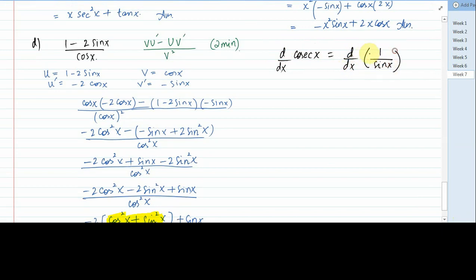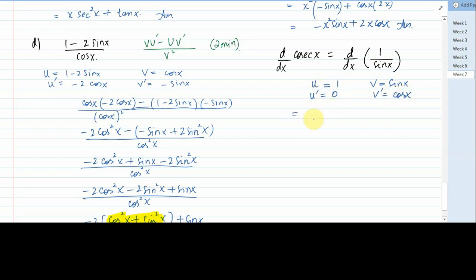Alright, now we are going to solve for the right hand side. 1 upon sin x, if you want to differentiate it, we need to apply u upon v here. So I will say that u equals 1 and u dash equals 0, and v equals sin x and v dash equals cos x, right? So we are going to apply the working formula.